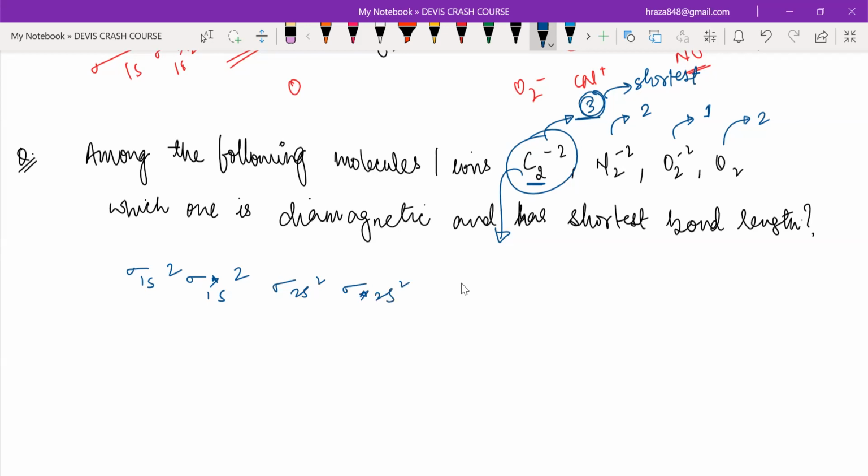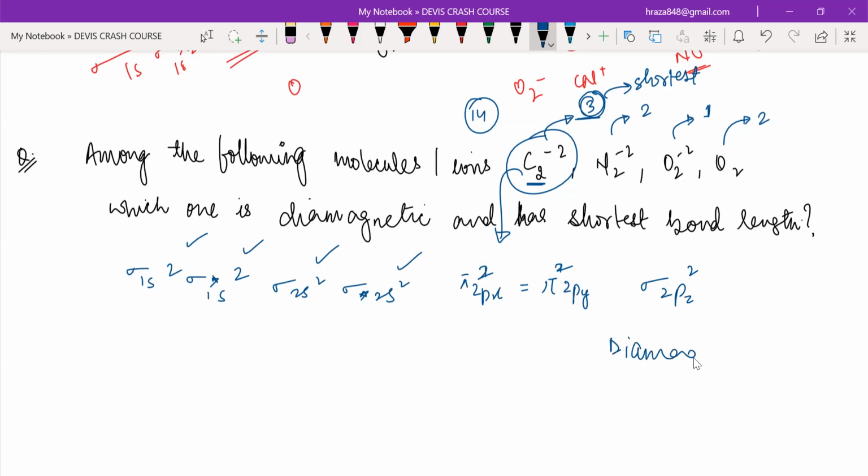After this, there is pi, right? Pi 2px is equal to pi 2py. These are equal, and we have a total number of 14 electrons, right? So 2, 4, 6, 8, 10, 12, and then 14. So it is diamagnetic.